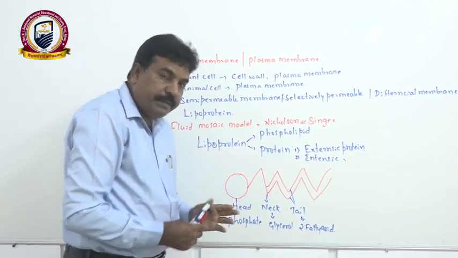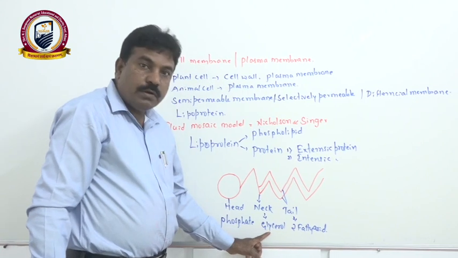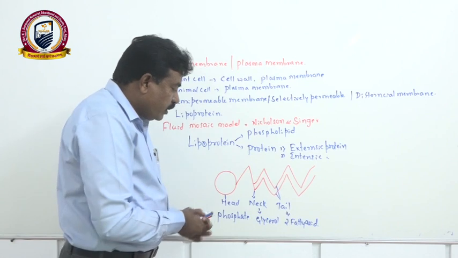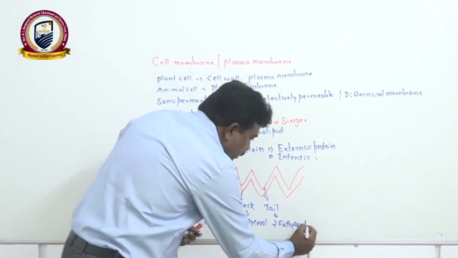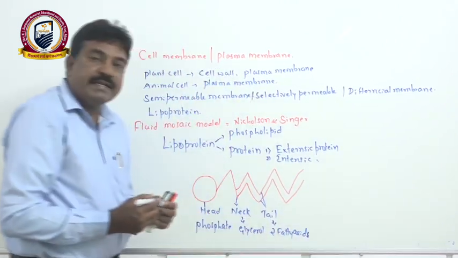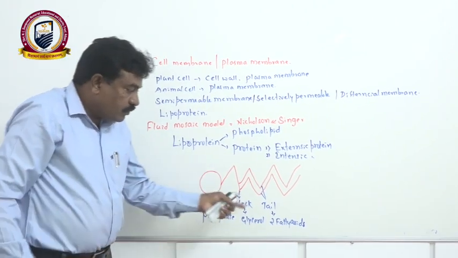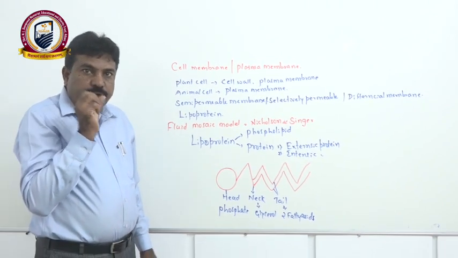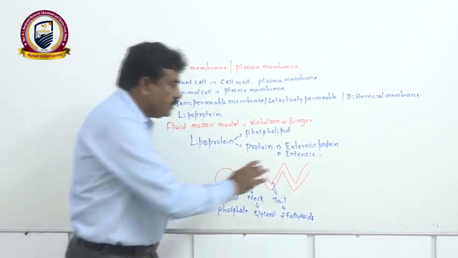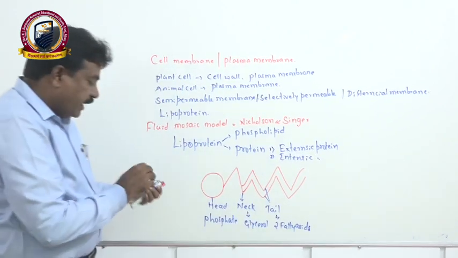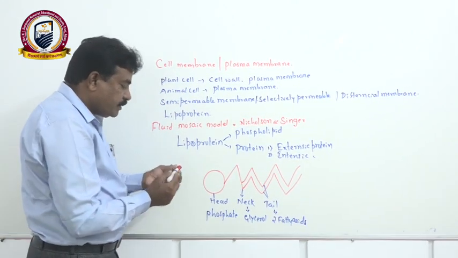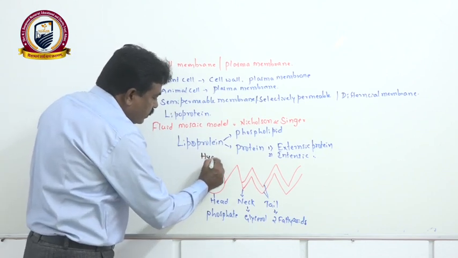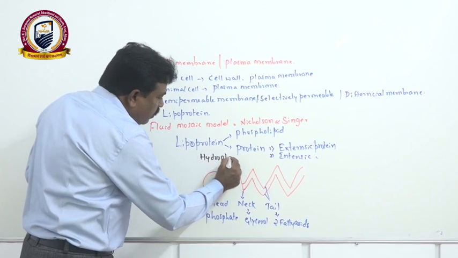Actually, in normal lipids, what happens? One molecule of glycerol and three molecules of fatty acids are present. But here one molecule of glycerol and two molecules of fatty acids are there, and instead of one fatty acid, phosphate is there. If you take the special nature of this molecule, the head may not absorb water.